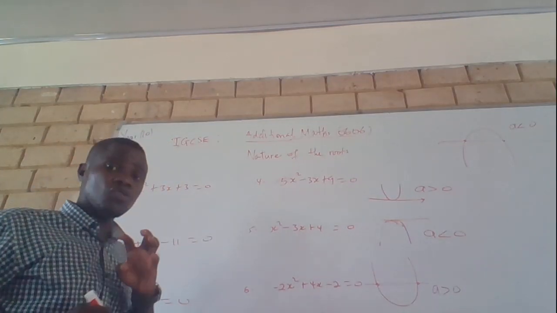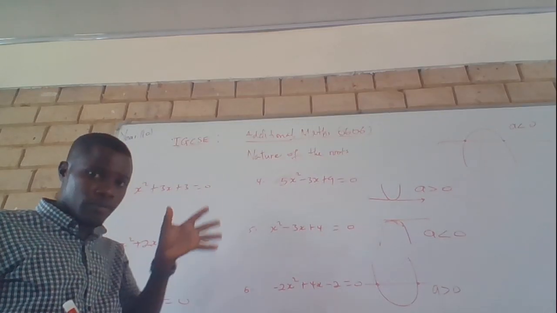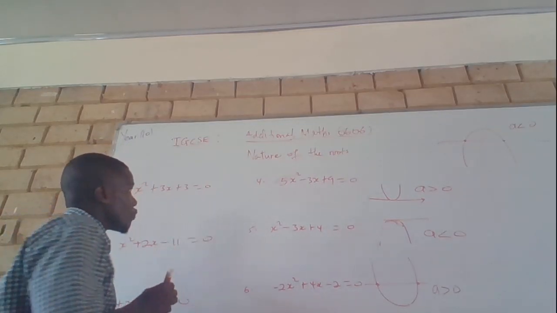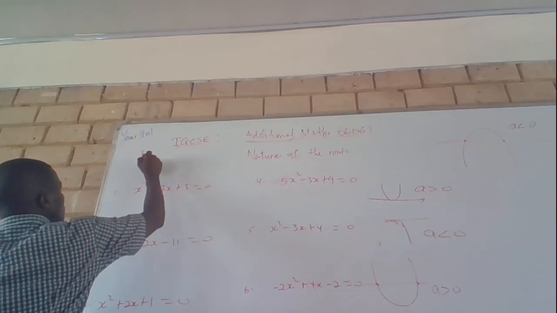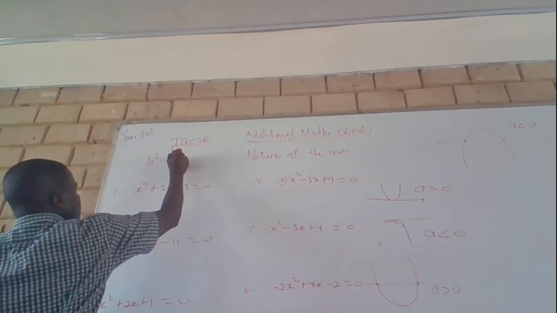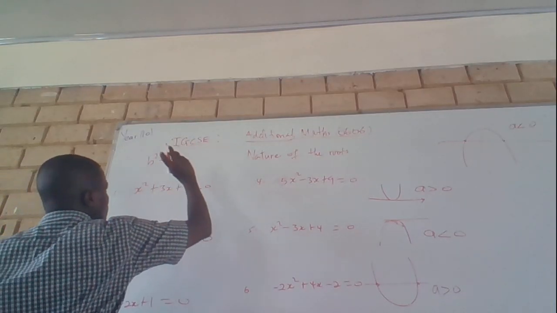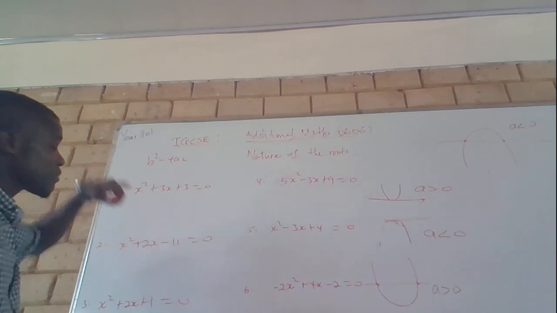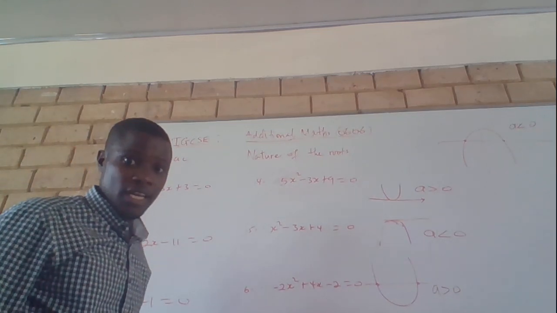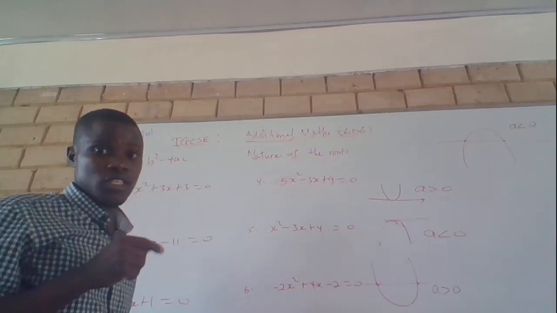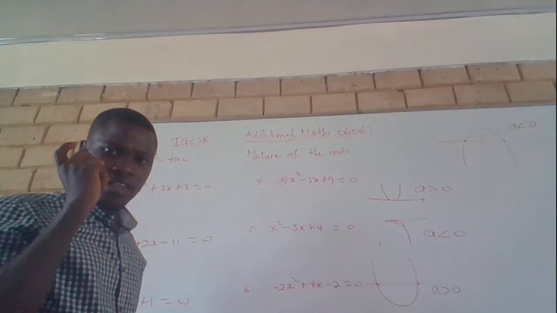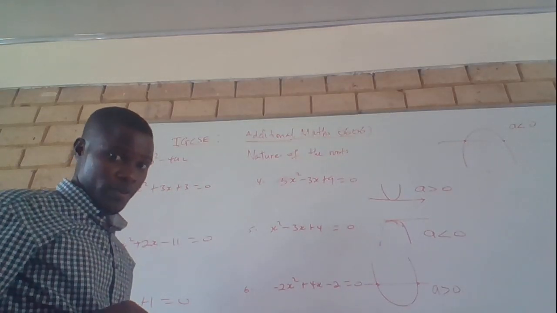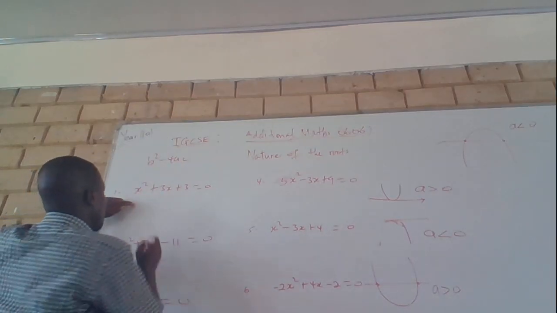So we are going to use the discriminant, which is the expression b squared minus 4ac. If this expression is equal to 0, it means that the quadratic function has two roots that are the same, that is equal roots, and they are real. All right, let's see.